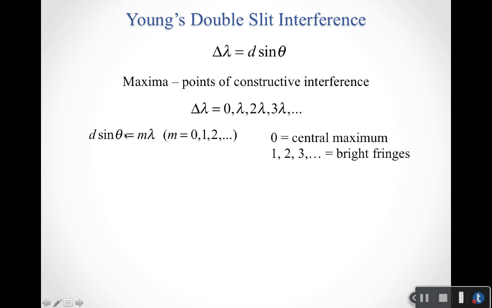So equating those two things, what I get is that d sine theta, this way of talking about my path difference, has got to be equal to m times lambda, where m can be 0, 1, 2, 3, any whole number. 0 corresponds to the central bright maximum, and then 1, 2, 3, those are all my bright fringes.